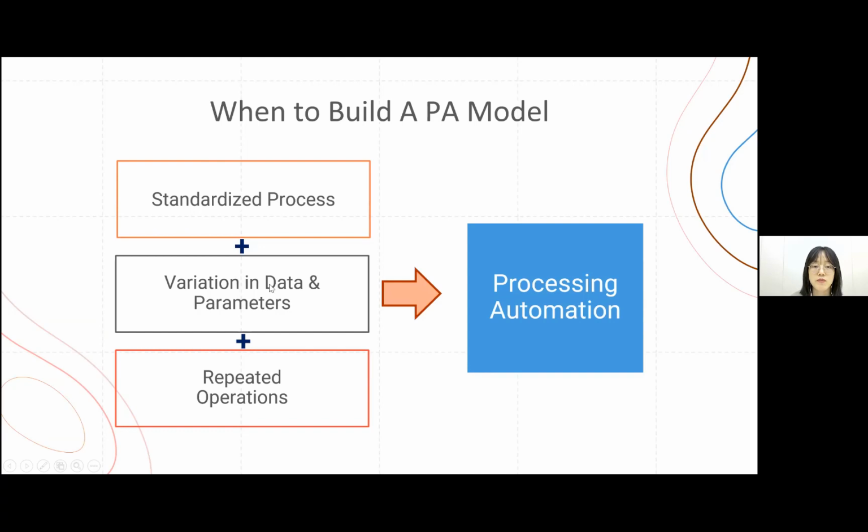The variation mostly happens in the data sets we use as input, and sometimes we would have slight changes in the parameters.